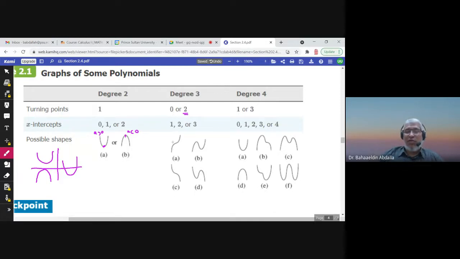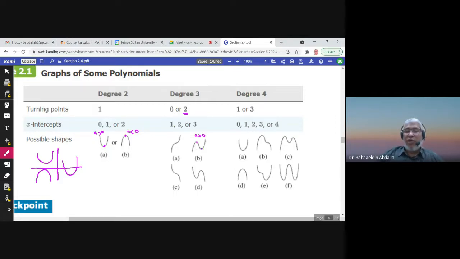So look here, this is x cubed. This graph is always increasing, so it has no turning points, 0 turning points. While for this graph, notice that if a is positive, a being the coefficient of x cubed, the graph would be similar to the letter N in English, okay?